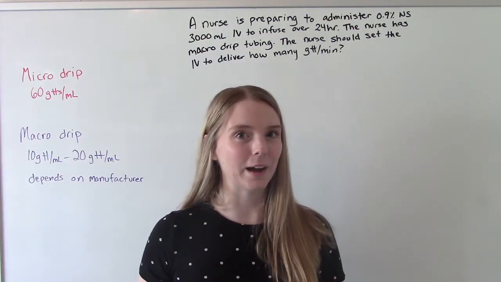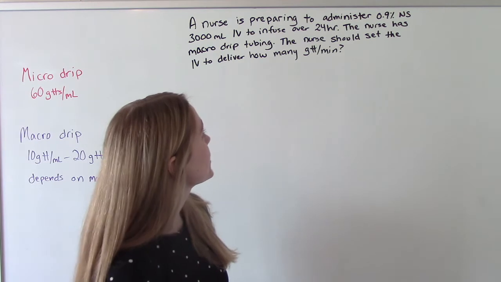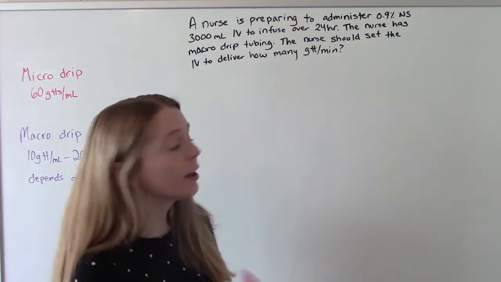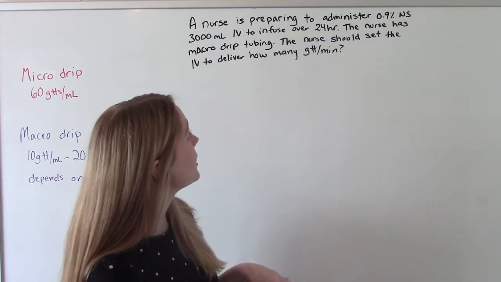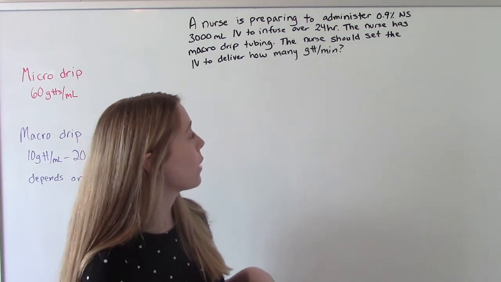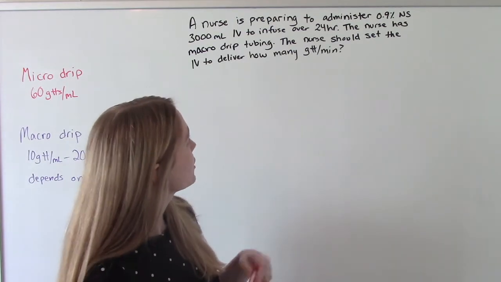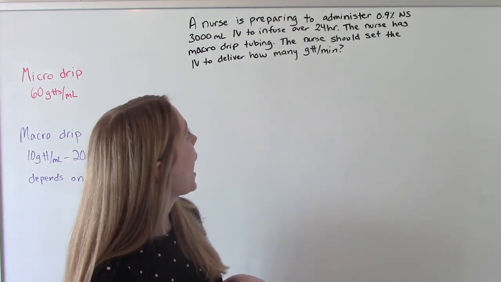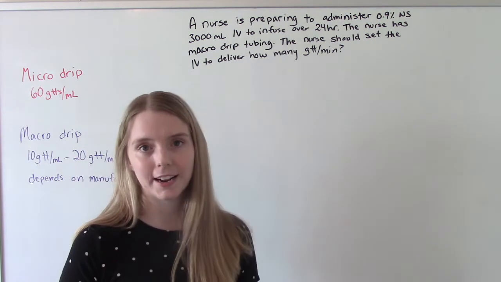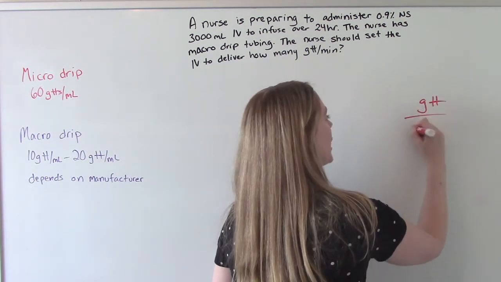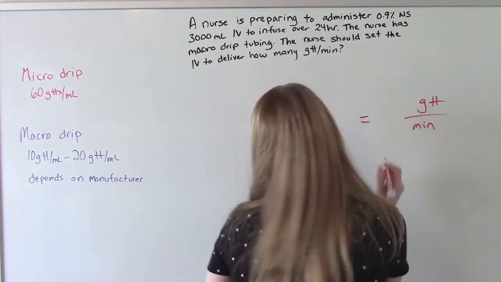Okay, last problem. A nurse is preparing to administer 0.9% normal saline 3,000 mLs IV to infuse over 24 hours. The nurse has macrodrip tubing. The nurse should set the IV to deliver how many drops per minute? So just like before, drops per minute in our answer.